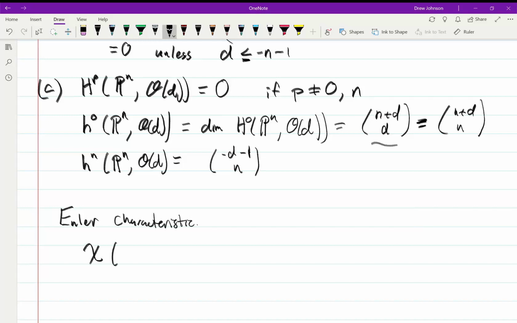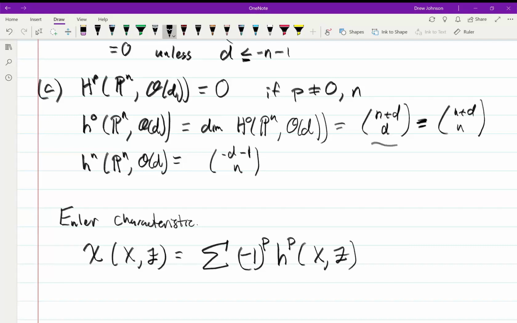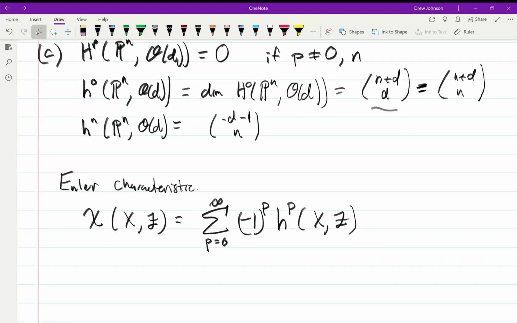So if I write chi of X, F, this is defined to be the alternating sum of (minus 1) to the p times the dimension of the pth cohomology group. I'm going to write p equals 0 to infinity, but for example, if X is a projective variety, in fact, this will be a finite sum, right? Also, if F is a coherent sheaf, then it turns out all these dimensions will be finite numbers too. So this will be well defined.